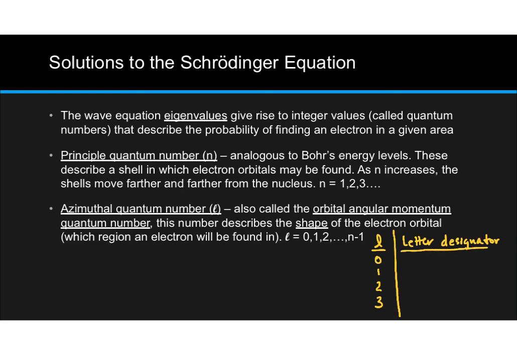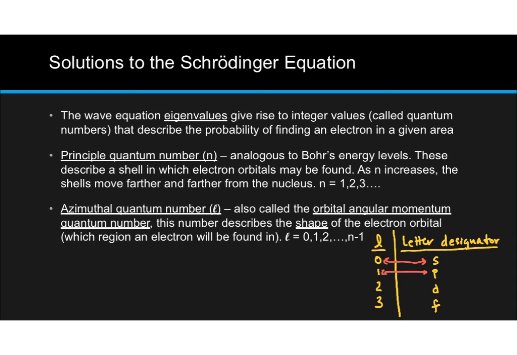This is based upon historical evidence that wasn't well understood at the time it was discovered, for features of a spectrum of light emitted by electrons that were either sharp, principal, diffuse, or fine. SPDF. We'll use these letter designators to alternatively express these nebulous numbers.